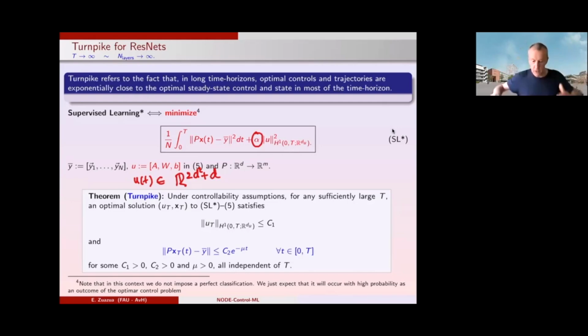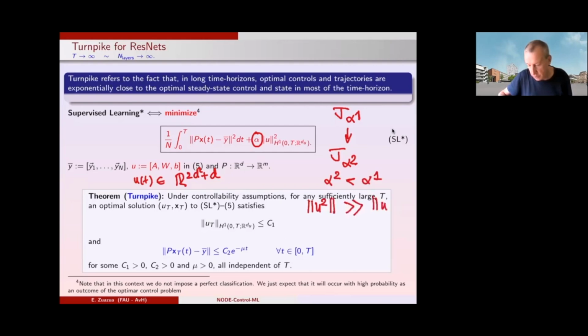Why? Because when I, rather than minimizing J alpha 1, minimize J alpha 2 with alpha 2 smaller than alpha 1, then the tendency of the control will be that the norm of the control U2 will be larger than the norm of the control U1, because when I decrease alpha, what I'm saying is that I pay less attention to the size of the control.